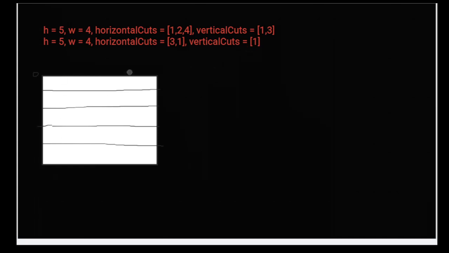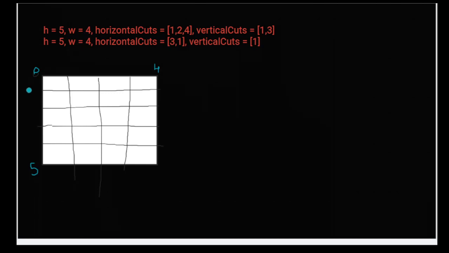And then for vertical we have these 4 lines. So let's have these 4 partitions again: 0, 1, 2, 3 and 4. So that's what we have initially. Now it says that horizontal cuts are made at 1, 2 and 4.